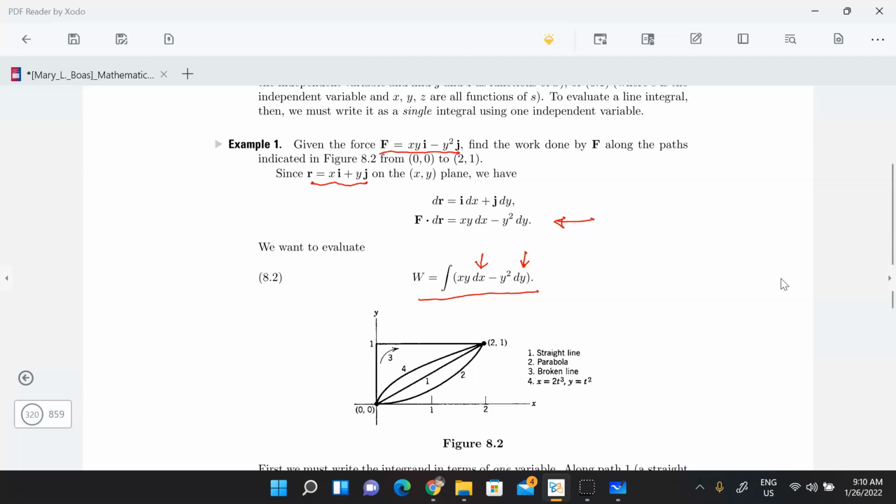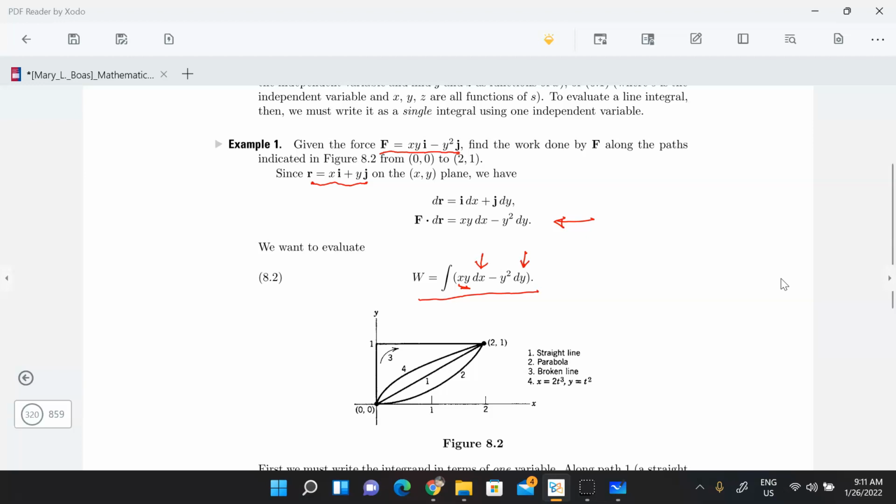Here you are integrating over two variables, x and y, and the integrand, or the function that's going to be integrated, also involves x and y.